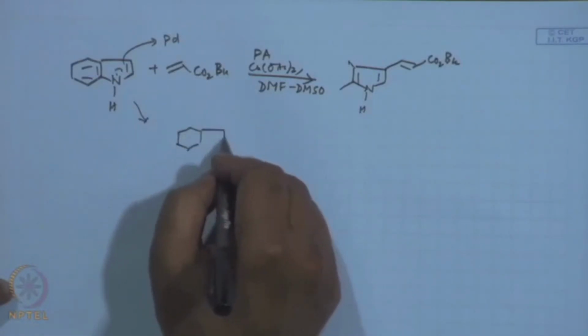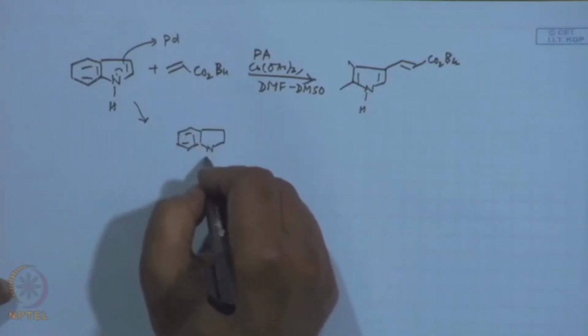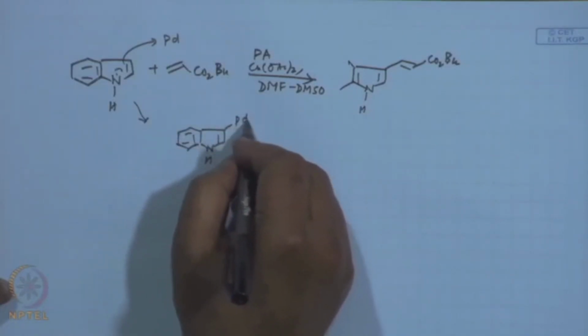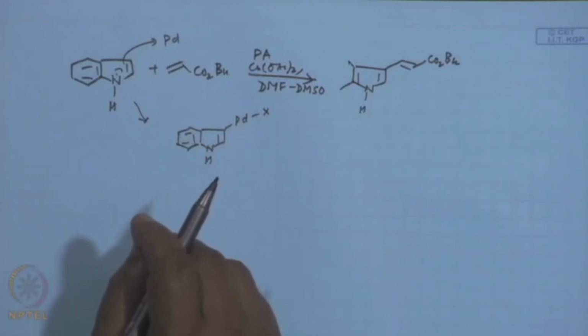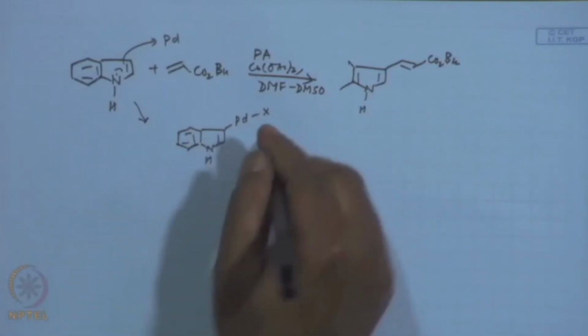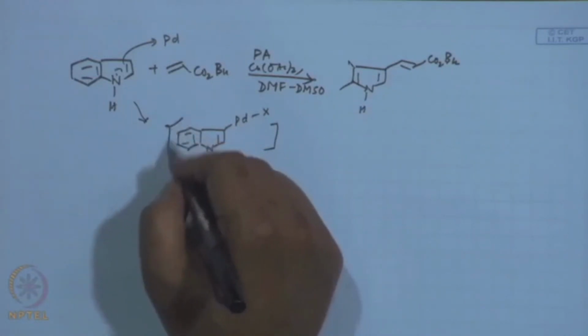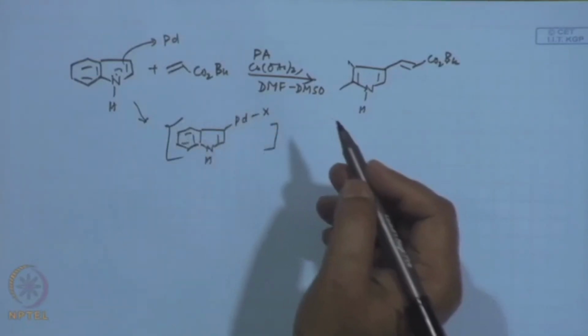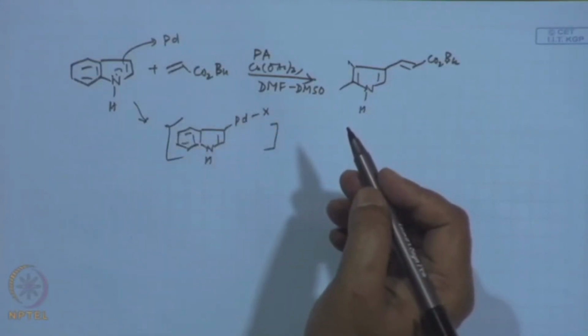So the reaction mechanism would involve something like this. An organopalladium complex would be formed, and once this is formed, it is essentially this sort of Heck reaction. So eventually you go to this one.